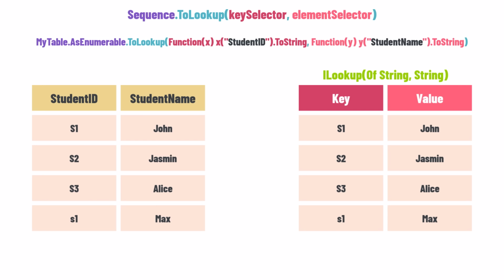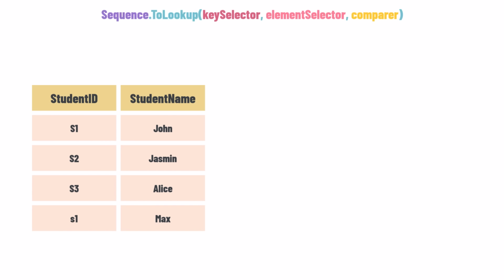As you can see, we have the ID S1 twice, but it's written in different cases. So, each ID is considered to be a unique key. This means, if we want to read the value of the key S1 in uppercase, we will get only the name John as result. And if we use the key S1 in lowercase, we will get the name Max as result. Let's now use the second overload to do the same.